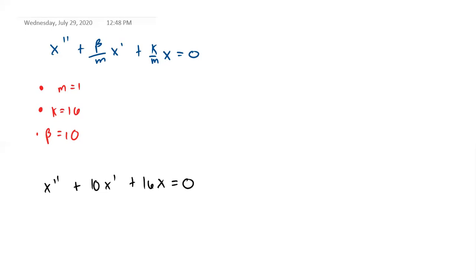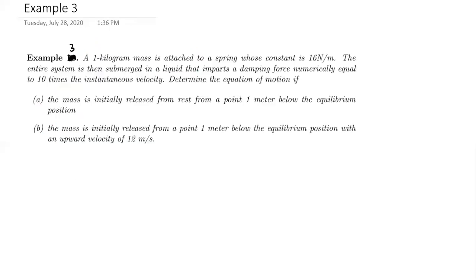Remember, we're in part A. So what are the initial conditions for part A? The mass is initially released from rest from a point 1 meter below the equilibrium position. Remember, when we're below equilibrium, that means positive. And it's just released from rest, so we're not giving it any push or pull when we release it, meaning that the initial velocity is 0.